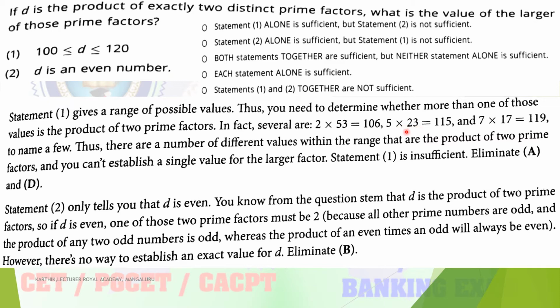If you multiply these two prime numbers, you will get 115. And third one: 7 is one of the prime numbers, 17 is one more prime number. If you multiply, you will get 119. So in total, three values of D come between 100 to 120. One is 106, second is 115, third is 119.